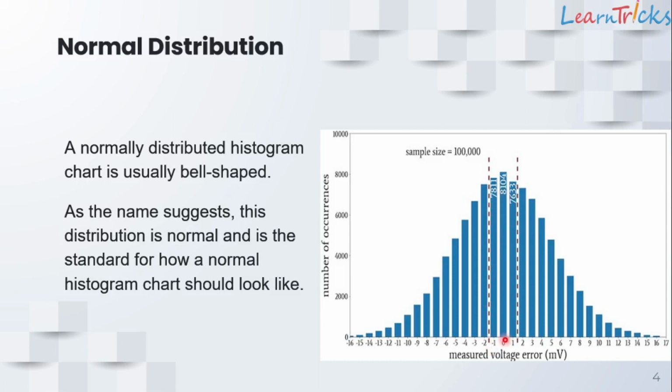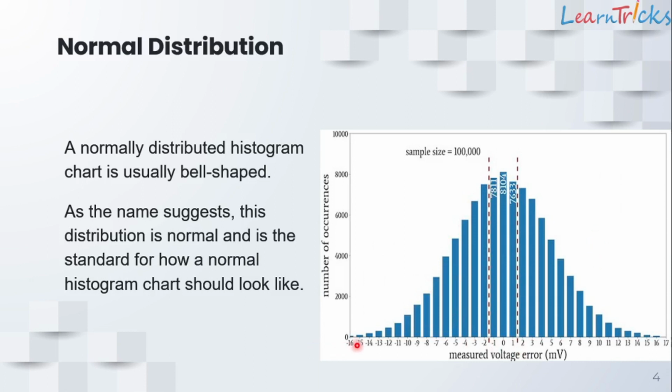So as the margin of error increases, its occurrence decreases on both the right side and the left side, and the decrease in error is similar on the negative as well as the positive side.